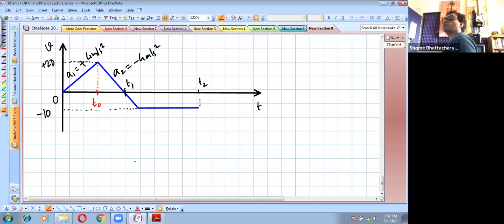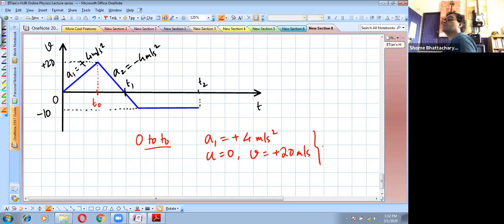What I can do is understand from 0 to T0 what is happening. Your acceleration is plus 4, your initial velocity is 0, and your final velocity is plus 20. Using this data and the fact that v is equal to u plus at, you will get that time interval, T0, as 5 seconds.